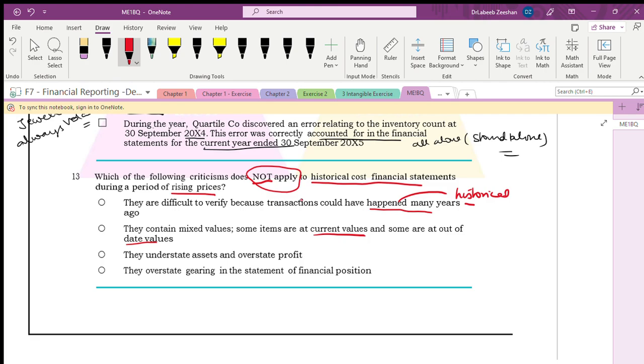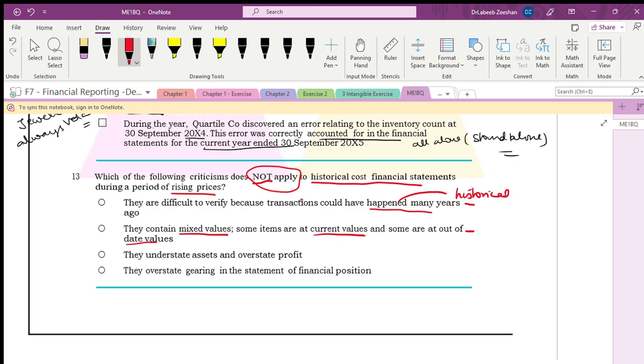Basic financial accounting is fundamentally built on the historical values. They contain mixed values. Some items are current values, some are out of date values. That is the part, isn't it? Definitely you are purchasing over a year, so they will have mixed values, is it right?